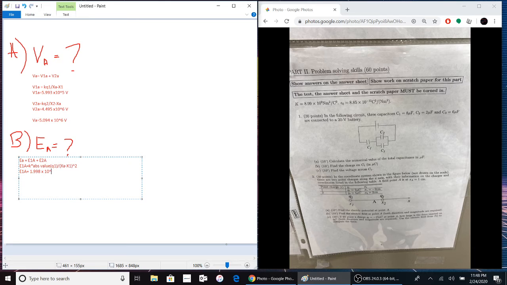I believe this is 10 to the 7th. I may be wrong, but I believe it's 10 to the 7th here. Oh, I forgot to actually add directions as well. Shoot, I'm sorry about this, guys.